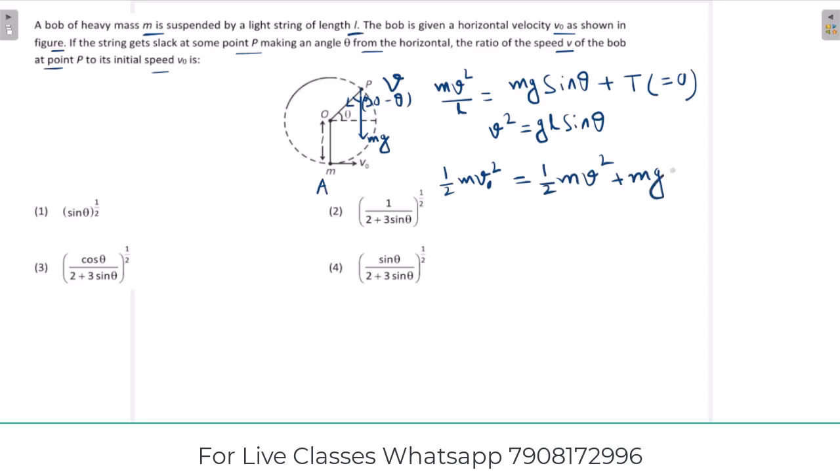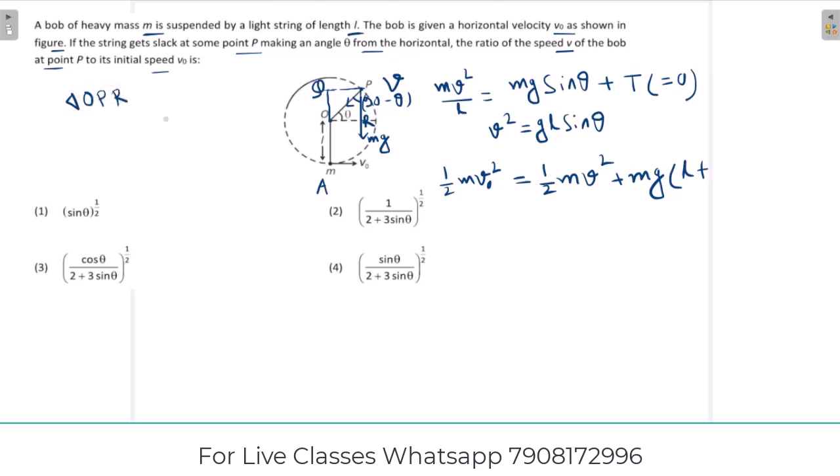Now find h. This is the total height, that is AO plus OQ. Now AO is L, so L plus OQ. Now OQ is the same as PR.